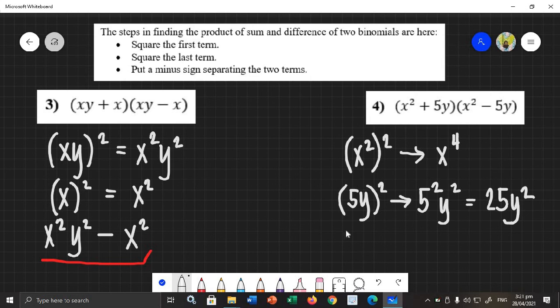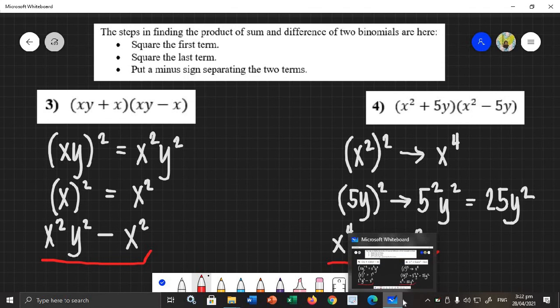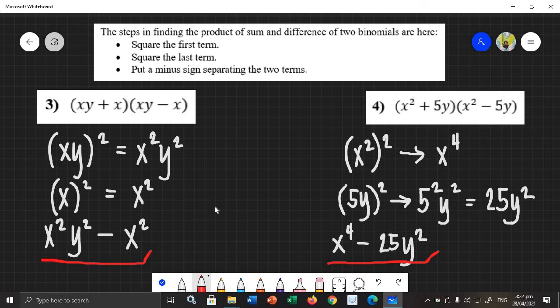Combining these products, we have x raised to the fourth power, and then put a minus sign, so minus 25y raised to the second power. This is the product for example number 4. And that's it. That is how you find the product of the sum and difference of two binomials using the shortcut method.